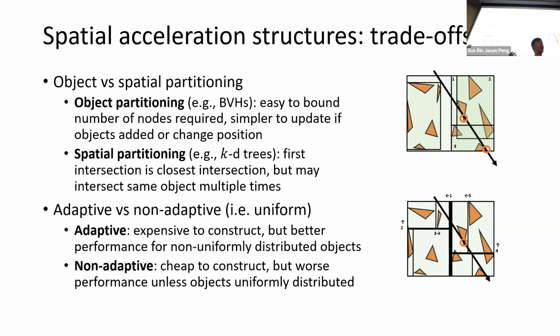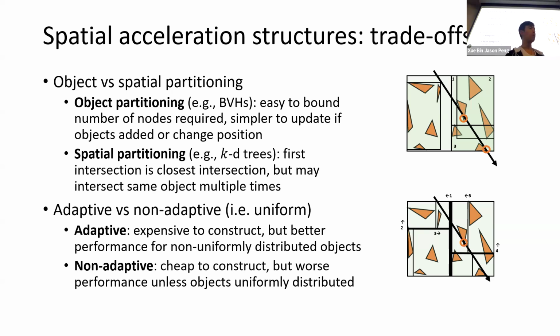So if you have a scene where the objects are constantly moving around and you have to update your acceleration data structure every frame, then it might be quite expensive to do this with an adaptive data structure. Whereas with a non-adaptive data structure, the update could be super simple. With a uniform grid, the grid cells themselves don't change. If objects move around, we just have to update some pointers in terms of which cells intersect with which object. So for these non-adaptive data structures, they can be much faster to update if the scene is changing over time.